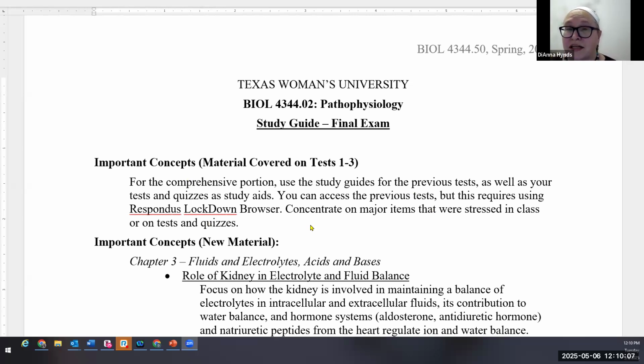So I tried not to get into a lot of details for the questions, and really focus on the main ideas for each of those concepts that we talked about for the first 3 exams. That's what I would do for the comprehensive section.